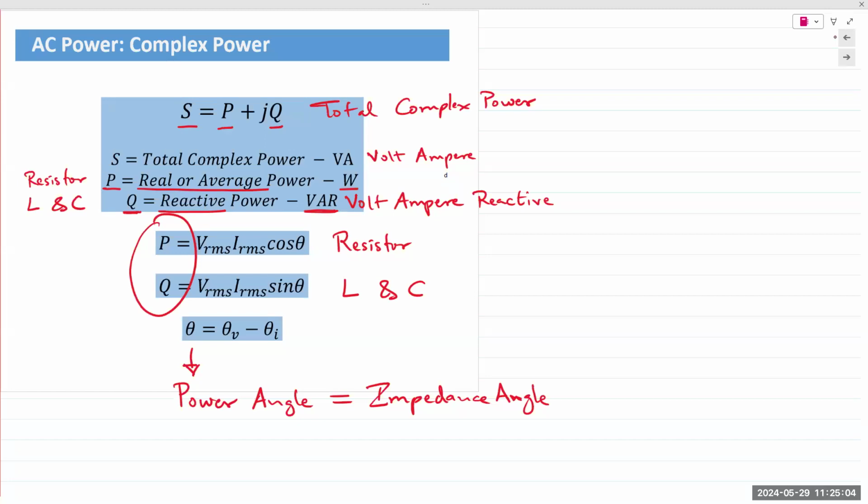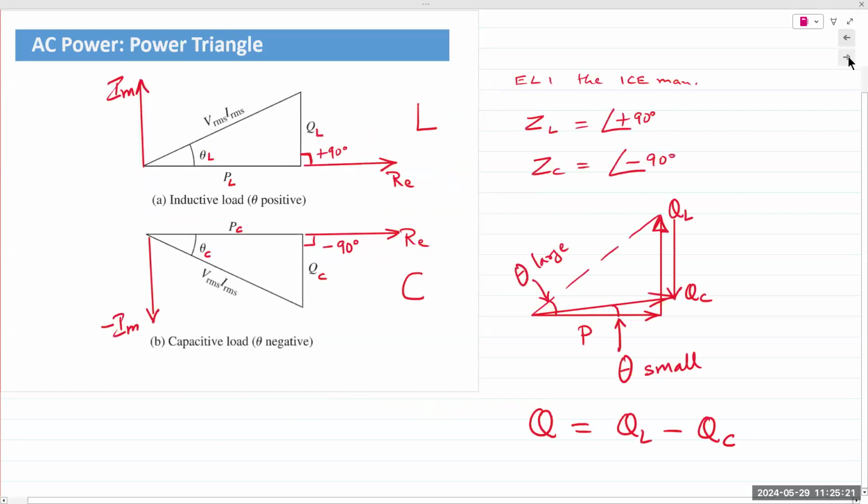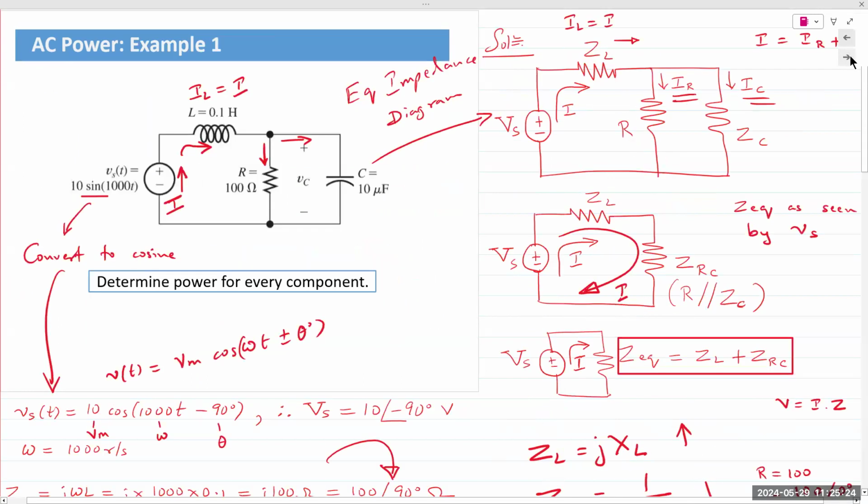And both equations have three quantities: voltage, current, and the power angle theta. Power angle theta is the phase difference between the voltage and current angles. So in reality, you only need the values for two quantities, voltage and current. If you are trying to find the source power, then you need the source voltage and the source current.